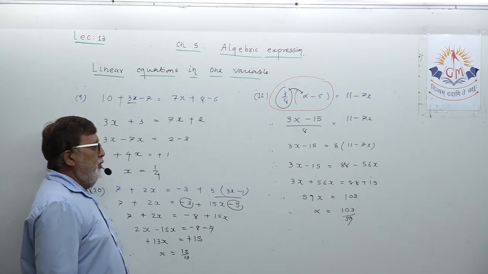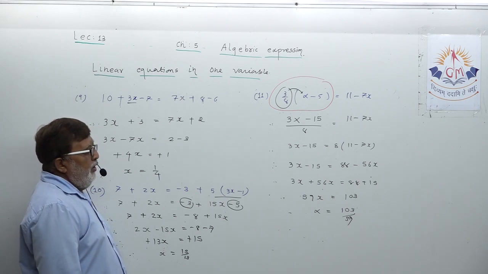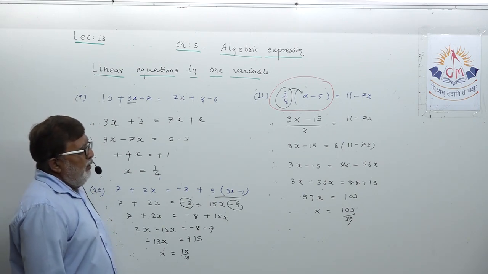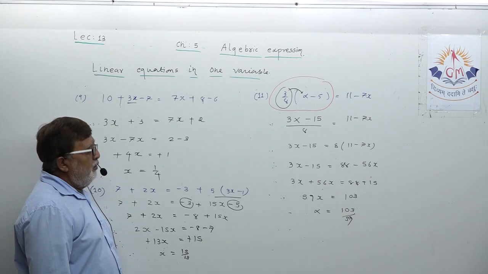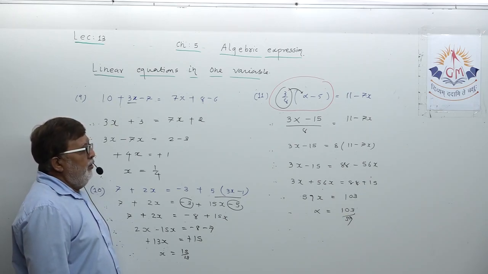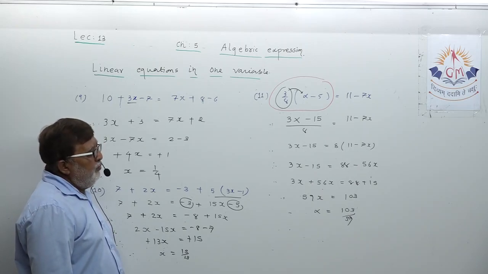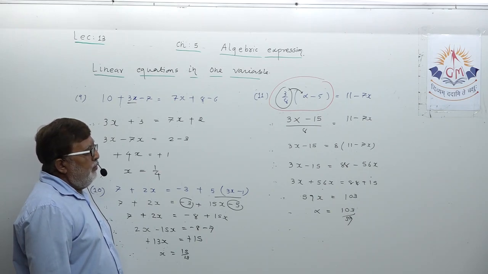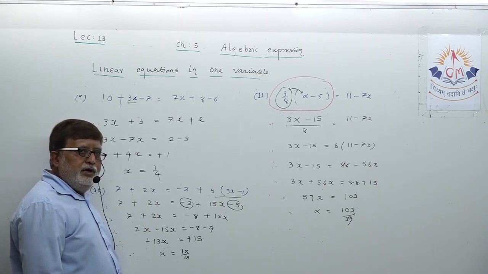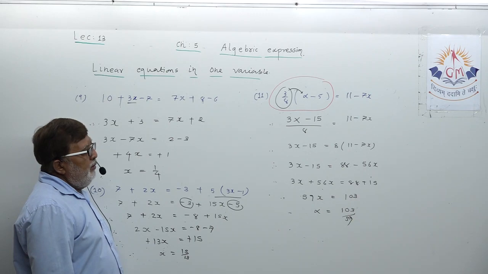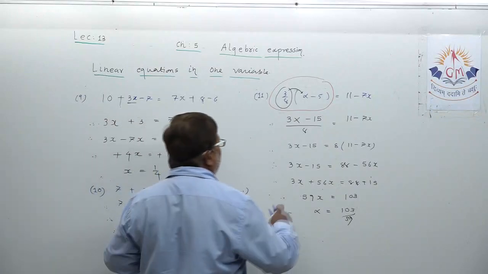Understand? See, before the bracket there is a rational number 3 upon 8. Then on the right side, simply 11 minus 7x. So what have we done? Because before the bracket there is a rational number, it creates confusion about what to do. So dear student, whenever you come across such a difficulty in maths, you have to open the bracket by multiplying the numerator, and actually I have also multiplied the denominator, but with what?